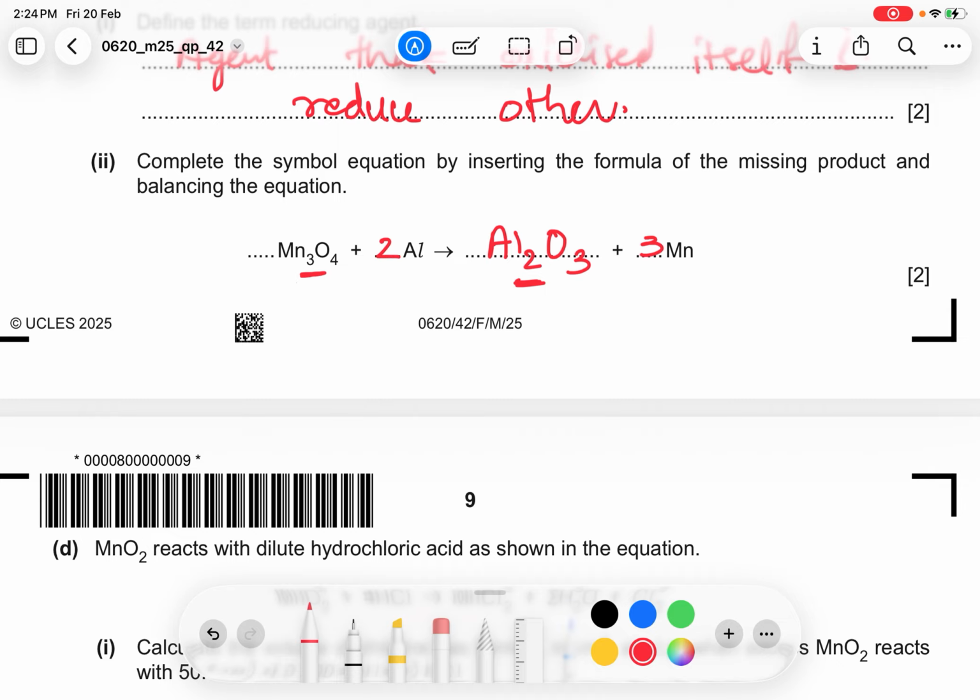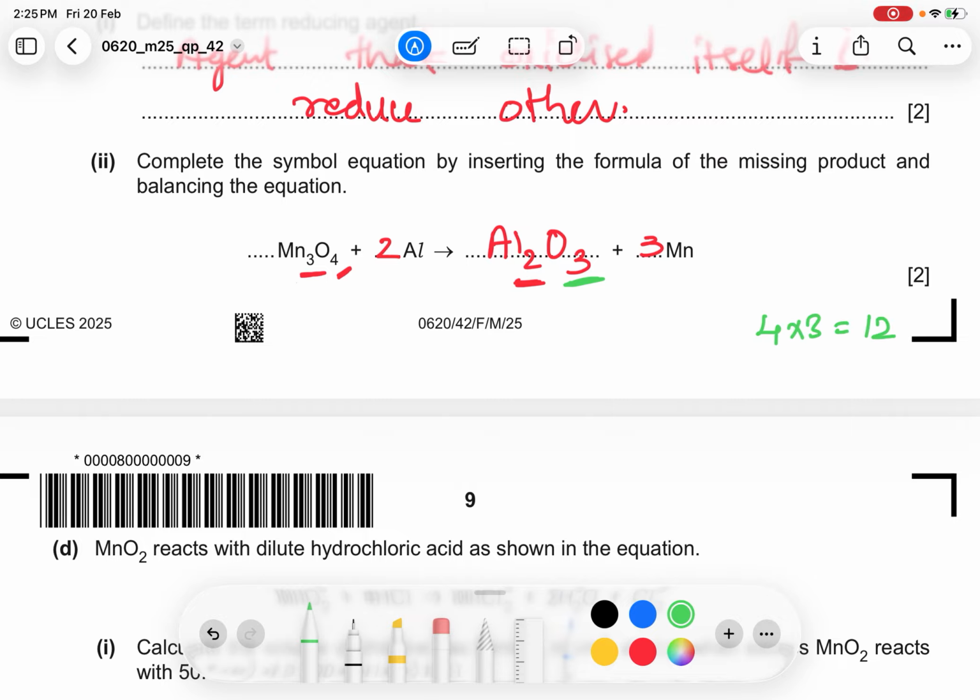Now is the time for balancing oxygen. You can see that we have 4 oxygens on the reactant side and 3 oxygens on the product side, but we don't have any number which is going to balance them directly. We will have to find a common number between 4 and 3, and the common number is 12.